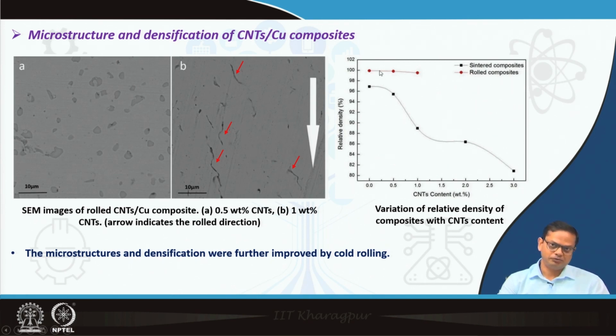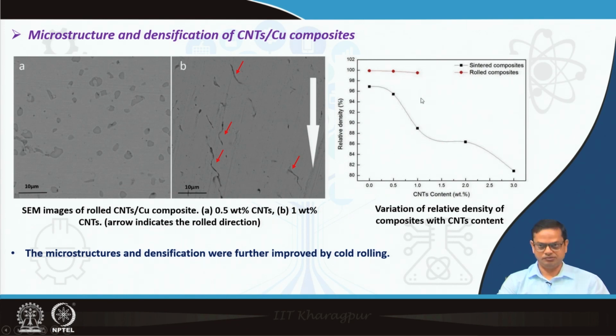If you compare the first two data points, for 0 weight percent and 0.5 weight percent, in both cases the densification is better after rolling. Once the rolling was done, it led to an improvement in densification. But still, even after rolling, as you increase the amount of CNT, there is a slight decrease in the densification.